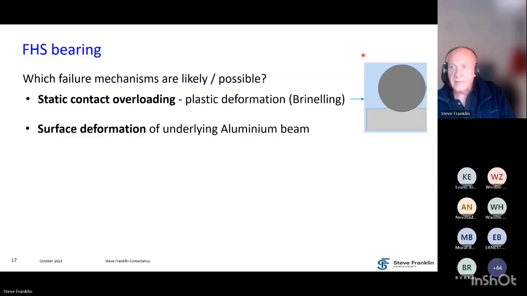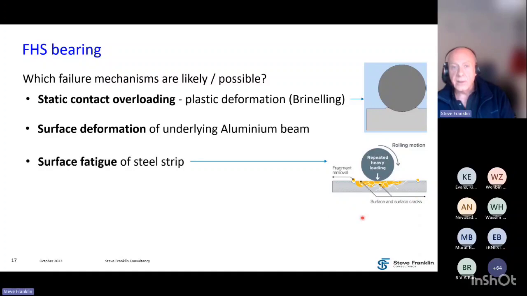That force or that stress that's caused in that contact will also go through to the underlying aluminium beam, because aluminium is much softer than the steel, and it could also potentially cause some surface deformation of the underlying aluminium beam.